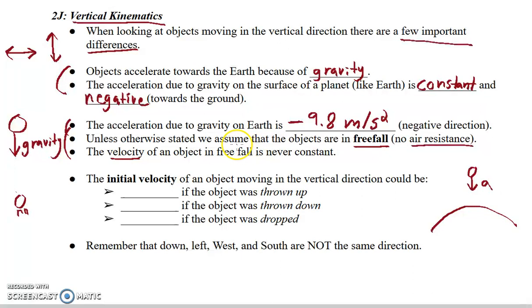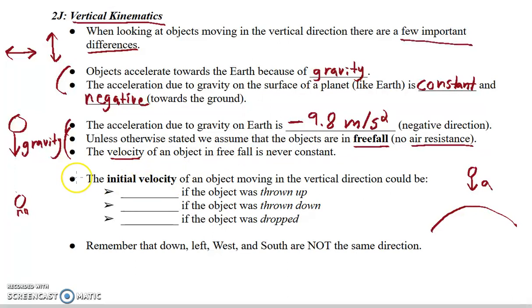So the velocity of an object in free fall, under the influence of gravity, is always changing, either speeding up or slowing down, but never constant.